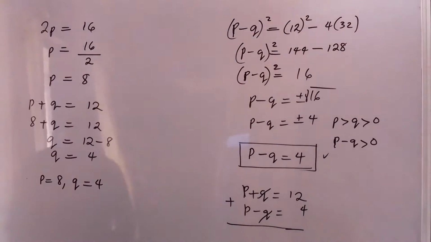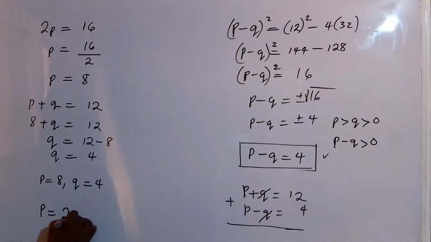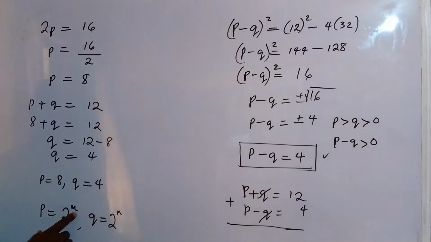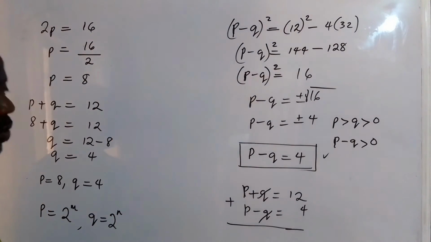Now do not forget that we have represented p to be equal to 2 raised to power m, and q to be represented by 2 raised to power n.